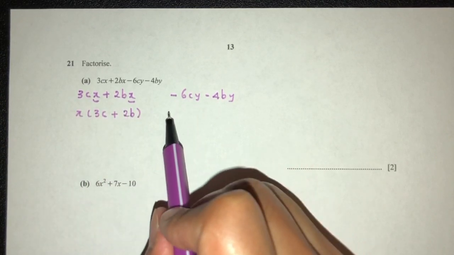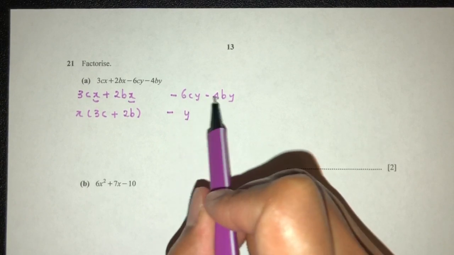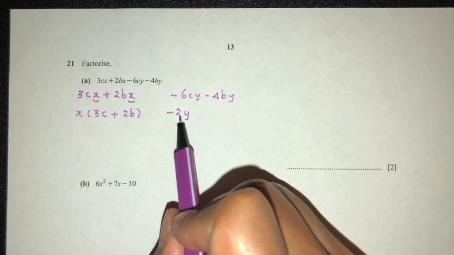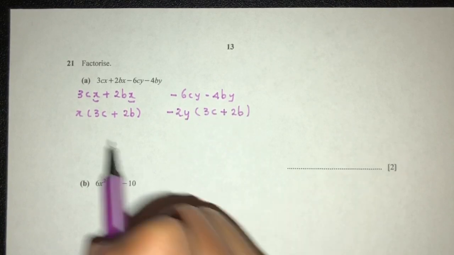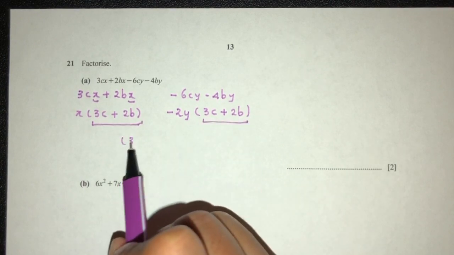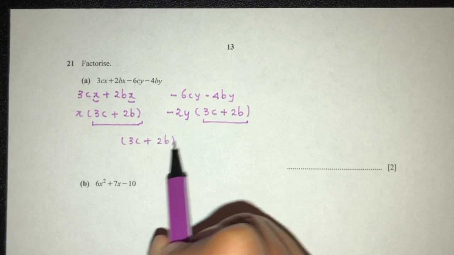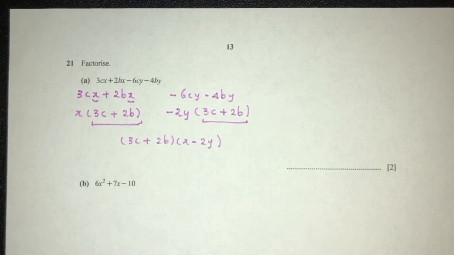Here we have minus, and y, we can factorize. With 4 and 6, factorize 2. So you have minus 2y(3c plus 2b). These are the same, so we can factorize again. That will become (3c plus 2b), and the remaining is (x minus 2y). This is your answer for part A.